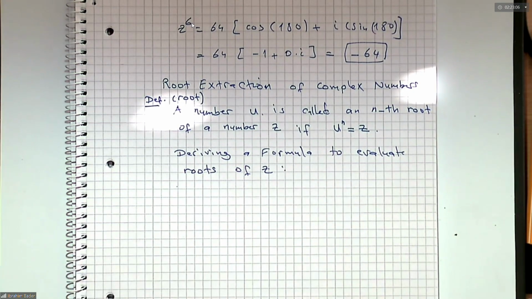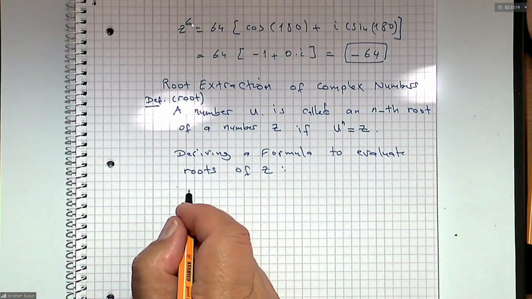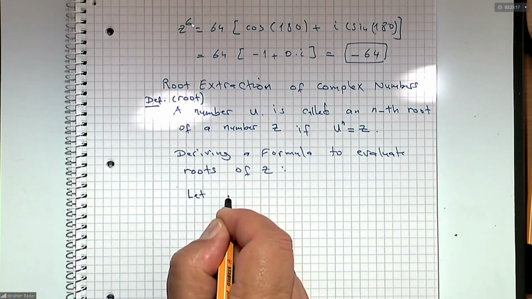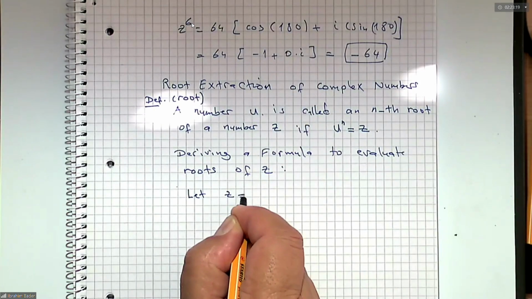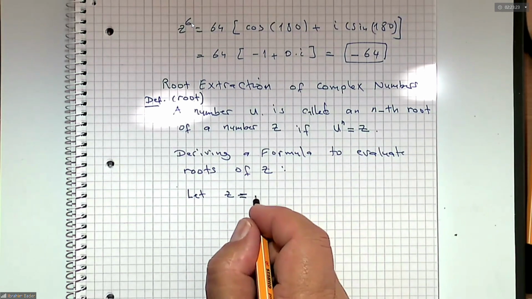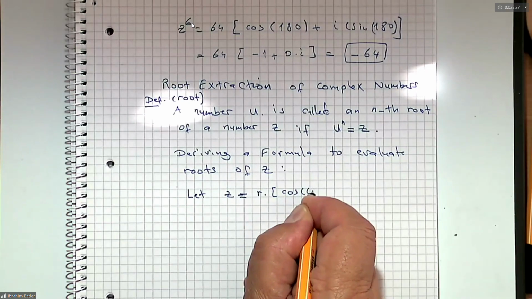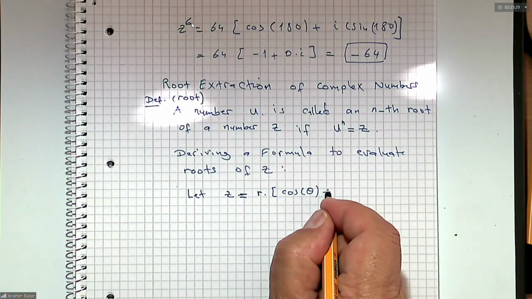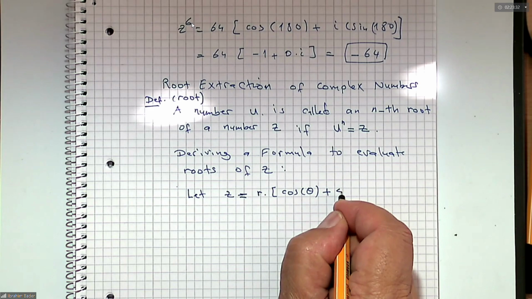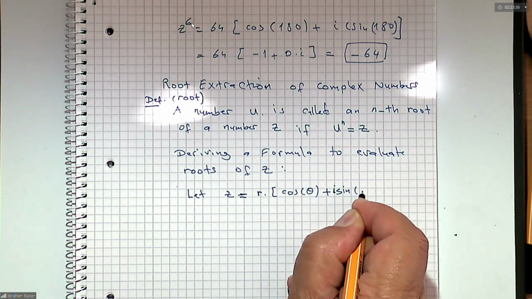Okay, so let's assume that z is given, of course, as I told you, we want to use de Moivre's rule or theorem. So z, we assume it's just given in polar coordinates, r times cosine theta plus i sine theta.